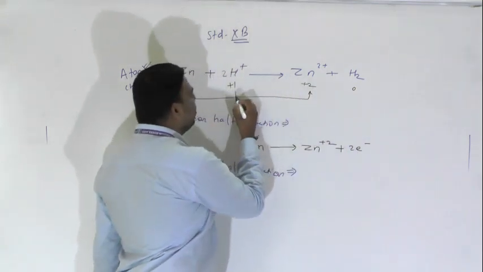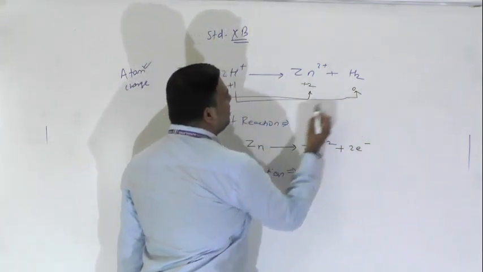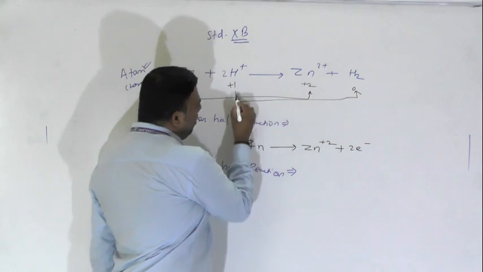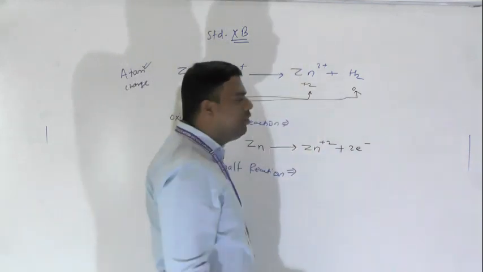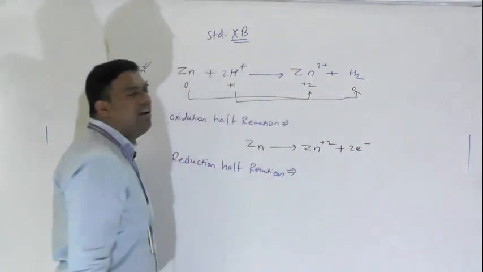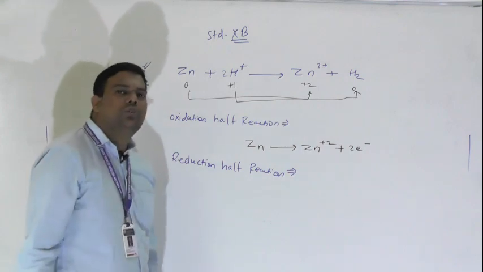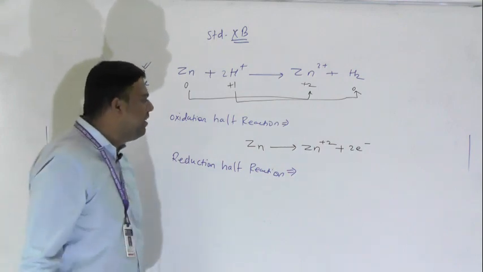So from +1 to 0, there is a decrease in oxidation number, so it is reduction. Okay, so how can we write the reaction here?